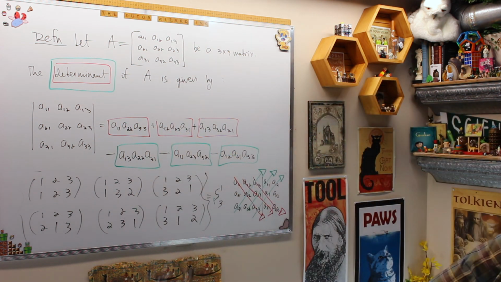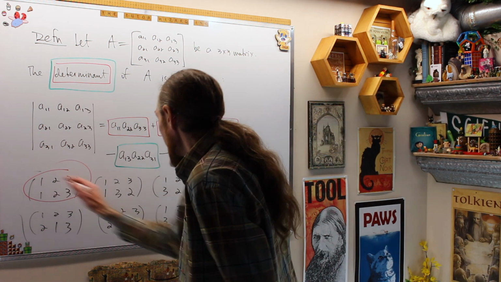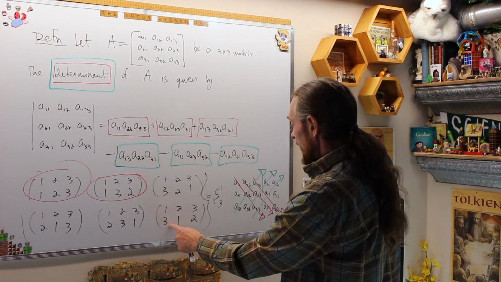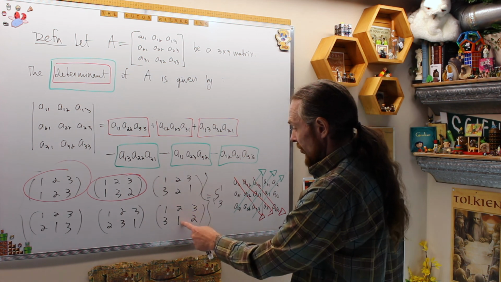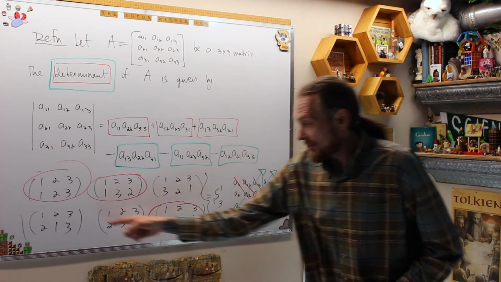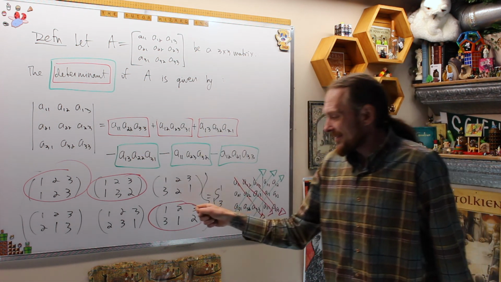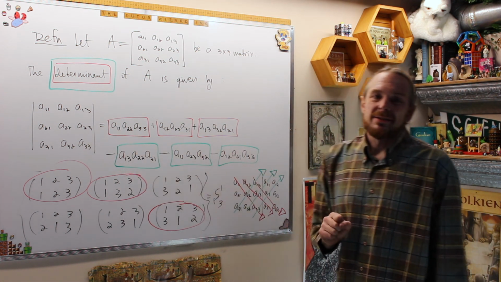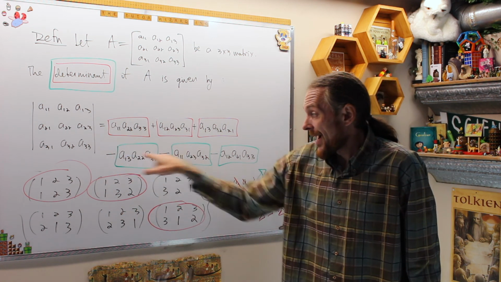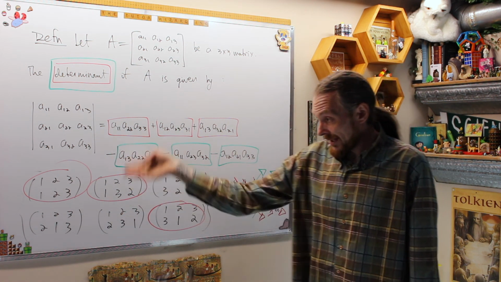We can put them in color again, red, red. And then this one, 1 went to 3, 3 went to 2, and 2 went to 1, is this guy. And then, of course, these 3 are going to be the green ones. That means that these are even permutations in S3, and these are odd permutations in S3. And then we got minuses for those ones and pluses for those terms.